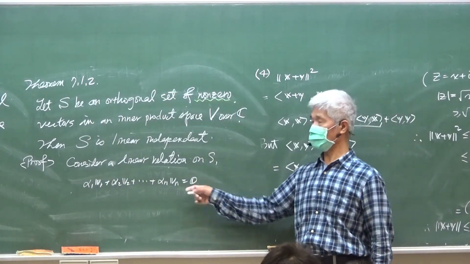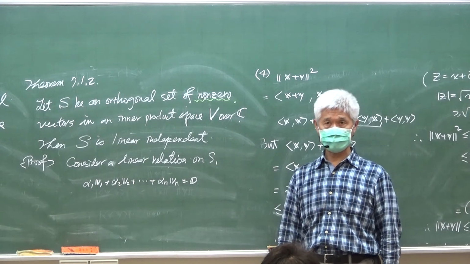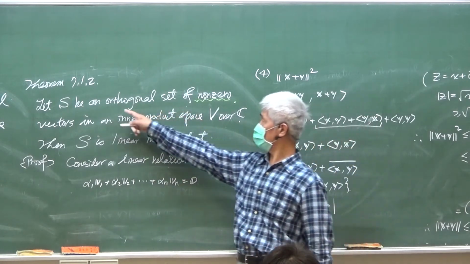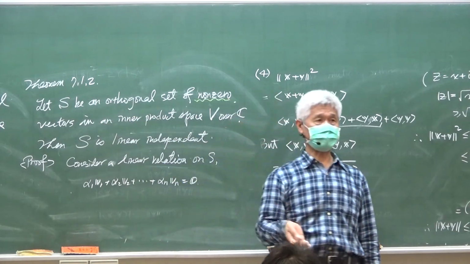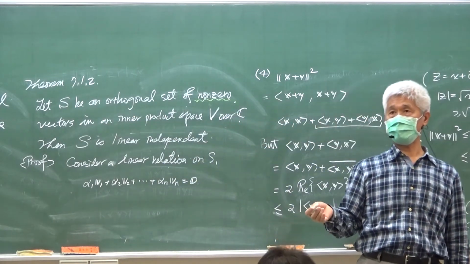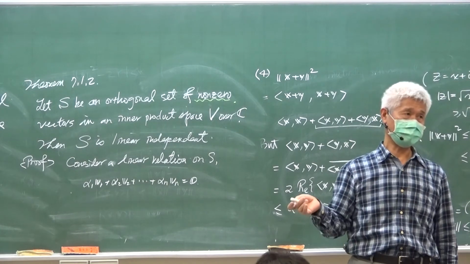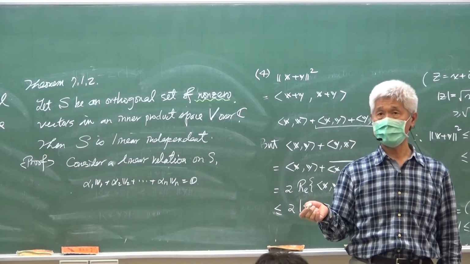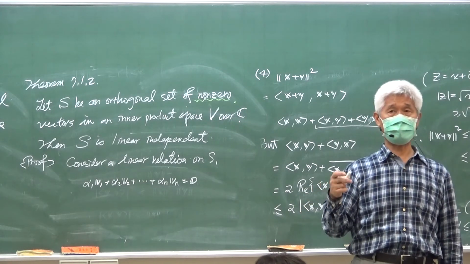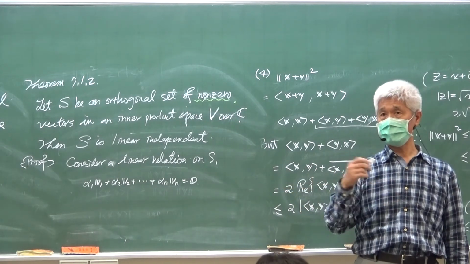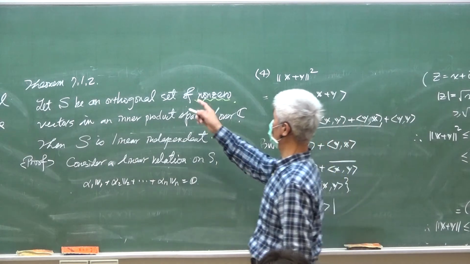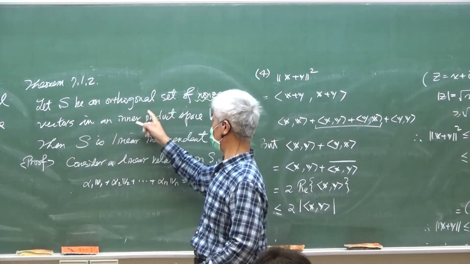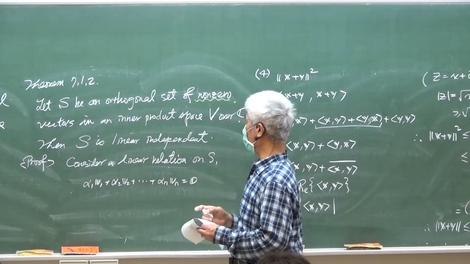This identity is a linear relation. Remember, S can be a finite set or an infinite set. It is possible because our vector space may be infinite dimensional, so we may have infinitely many elements in this orthogonal set.